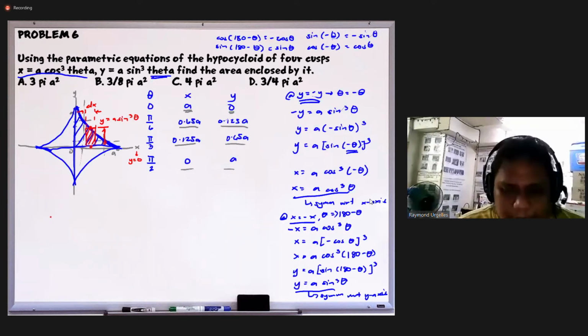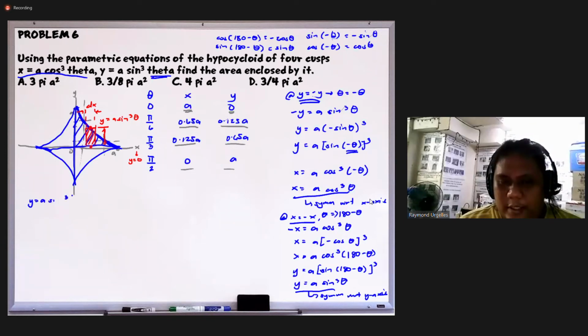So let's try to solve this. From the given, y is equal to a sine cubed of theta, and x is given by a cosine cubed of theta. If we solve for dx, this will be a multiplied by, by the power rule, 3 cosine squared of theta.